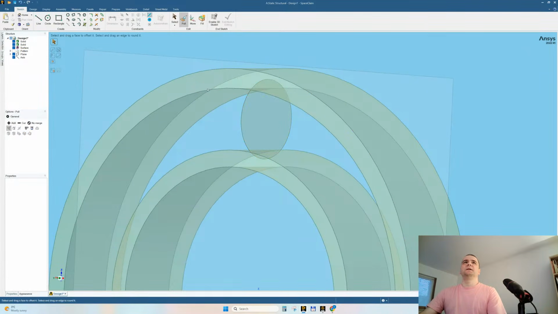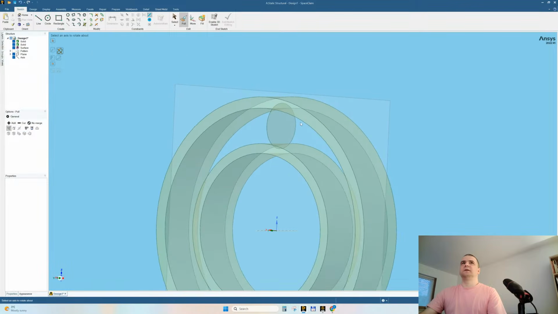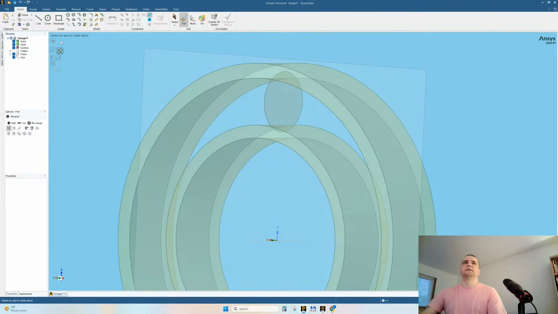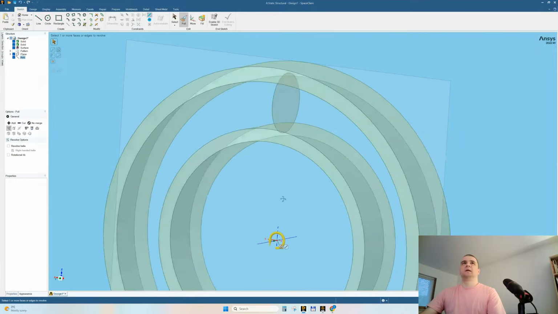So let me make the revolve cut, and we can easily see what's happening. Select an axis to rotate about. This is the axis. Select the faces, this one, and I will say cut. And yes, let's go to the end.